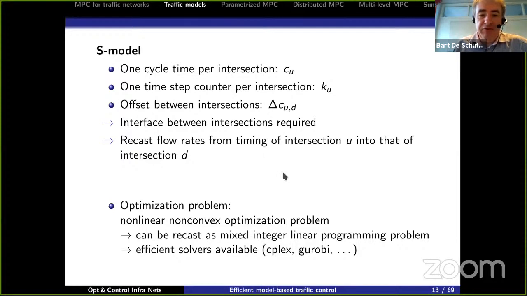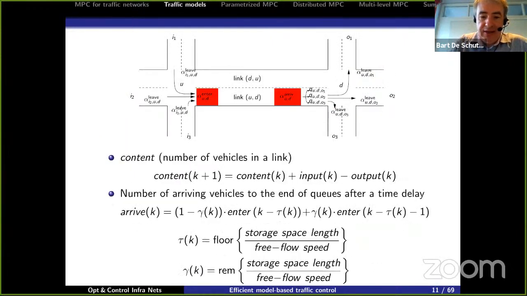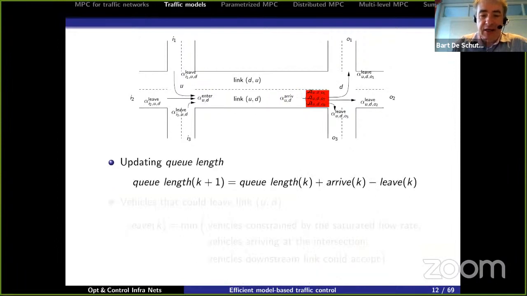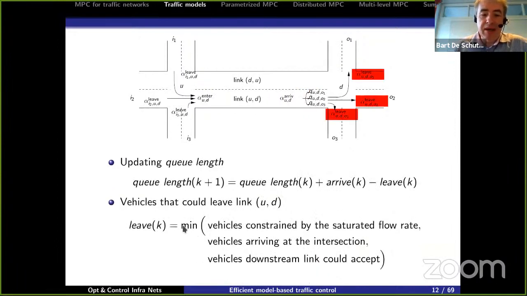In general, if we want to apply MPC, we get a model that has a nonlinearity. And there are actually 2 nonlinearities. One is caused by these integer approximations of the delays. And the second is caused by the fact that we have the min of 3 quantities.